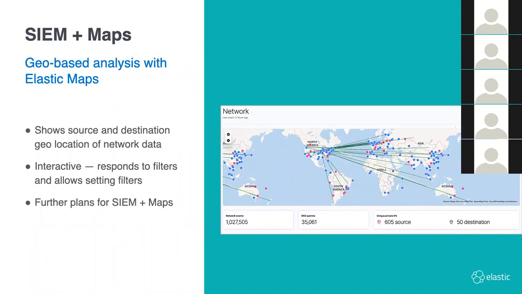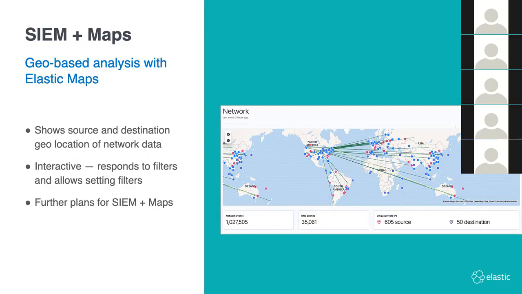Okay, the SIEM app integration with the Elastic Maps. It will show the source and destination geolocation of network data.